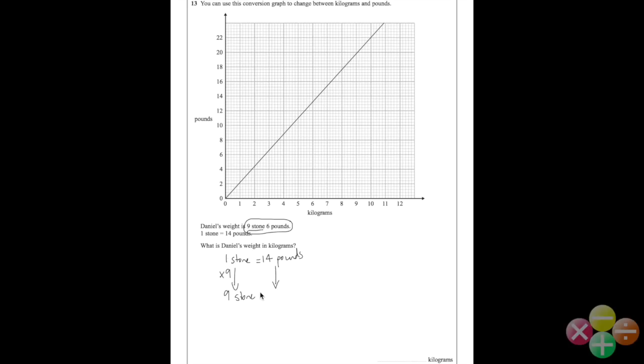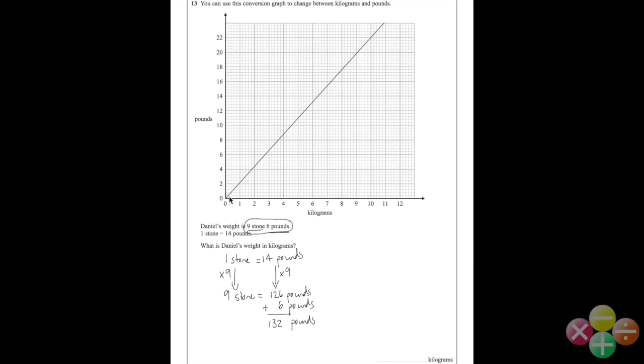We have to do exactly the same on the other side with the pounds. So 14 times 9 gives me 126 pounds. And then we mustn't forget to add on the extra 6 pounds at the end. So Daniel's total weight in pounds is 132.